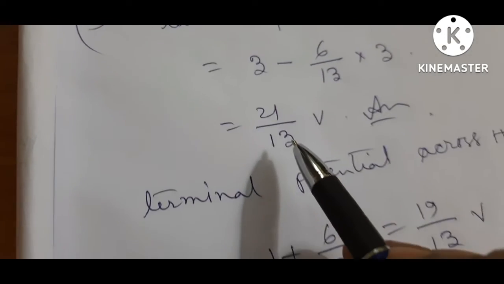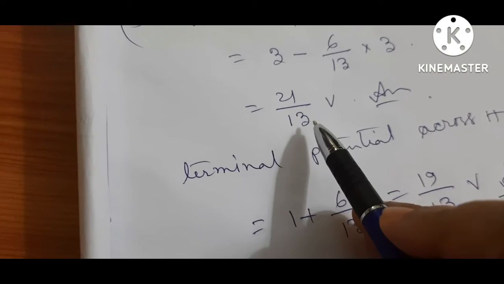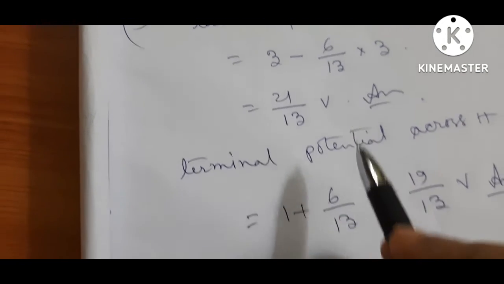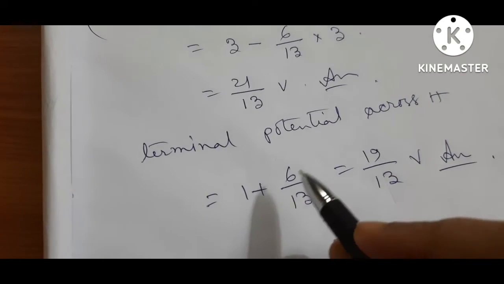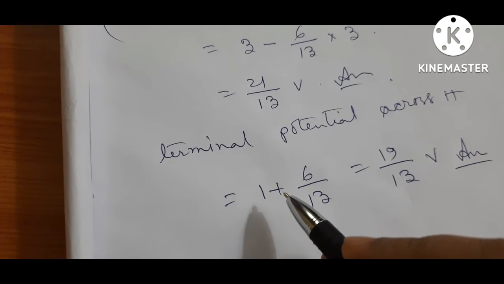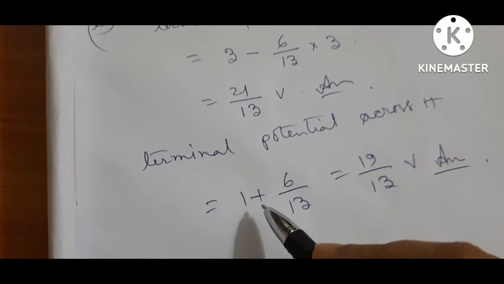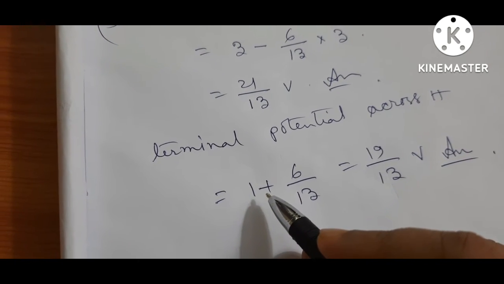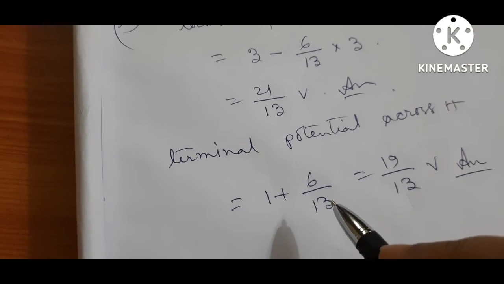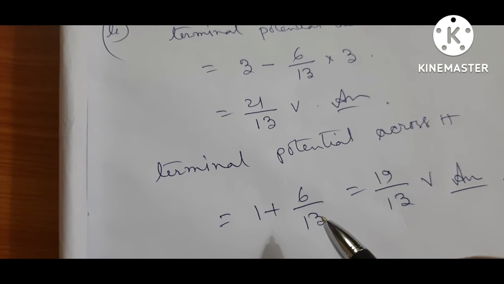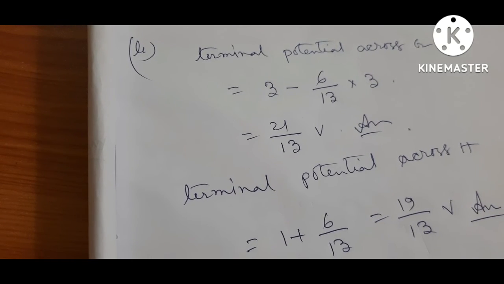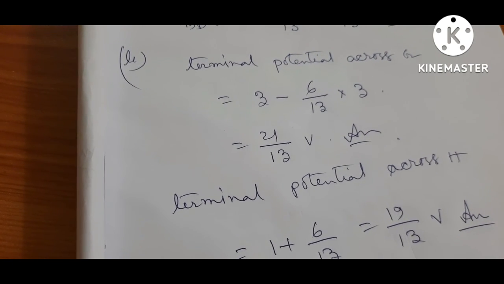So I can write 21 by 13 volt will be the terminal potential across G. Terminal potential across H will be equal to 1 plus 6 by 13, because the EMF of the cell H is equal to 1 and the internal resistance is 1, and the current flowing is equal to 6 by 13. So it will be 19 by 13 volt. That will be the answer of the second part, part B.